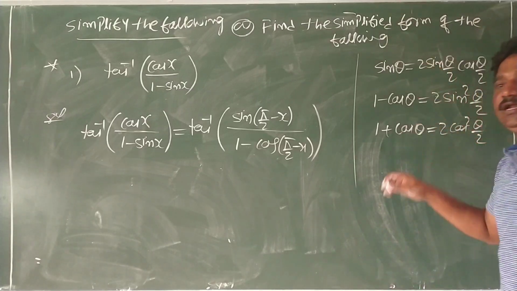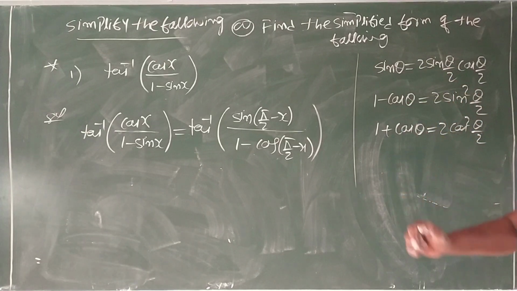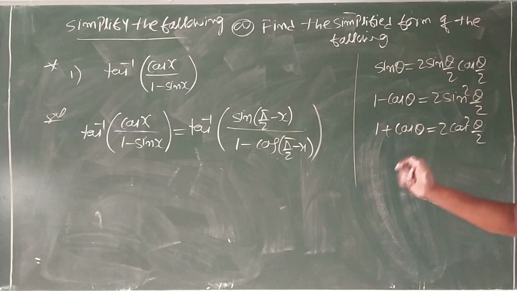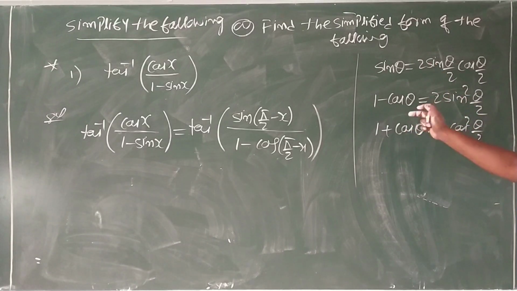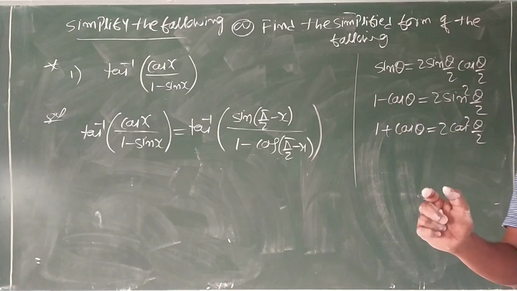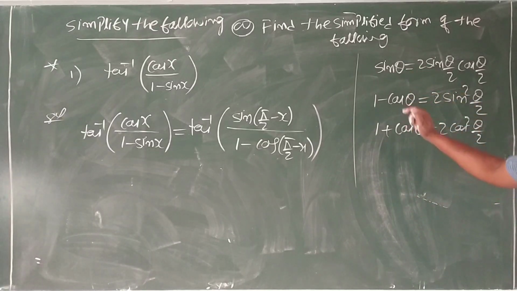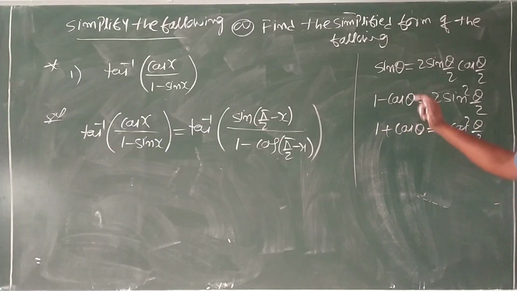Learning these formulas by heart is so important, students. These formulas are very important because throughout your syllabus we use them, even in differentiation. You must learn them by heart.